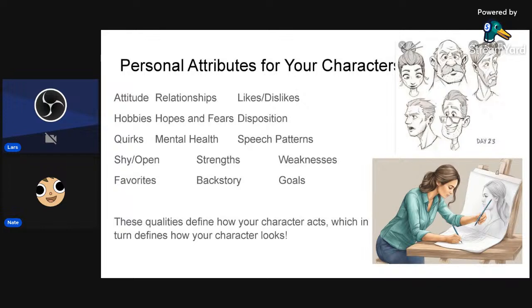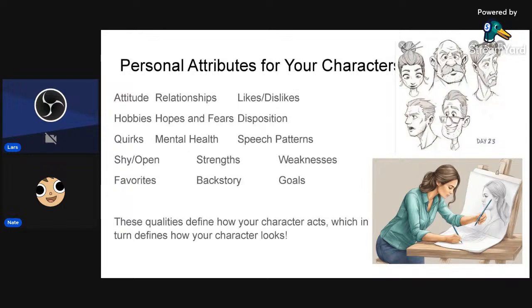Another personal attribute that's important to understand is relationships, because a person who has multiple relationships is someone who is usually going to appear way more open. Think about the people in your lives who have lots of friends. How do they carry themselves? How do they act around other people?